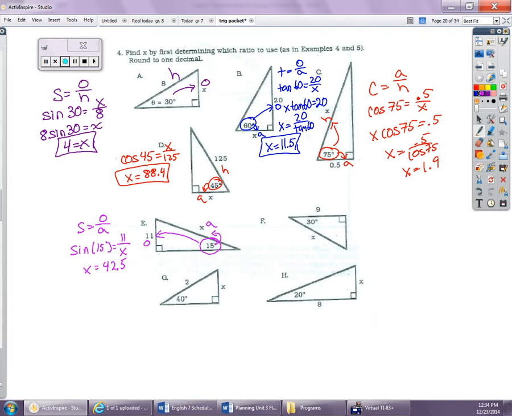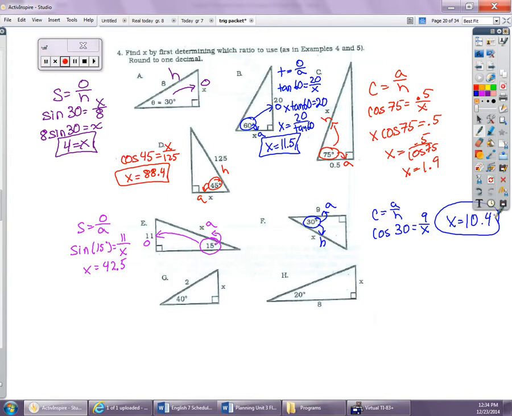For F, here's our angle. We are given this is the hypotenuse, this is adjacent, so the cosine. So we have cosine of 30 degrees, adjacent is 9, hypotenuse is x, so cosine of 30 equals 9 over x, x equals 10.4.